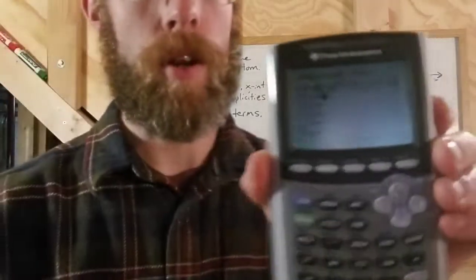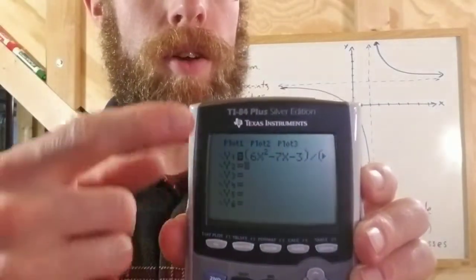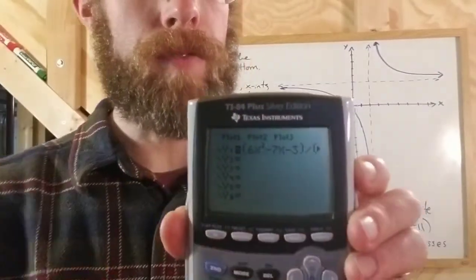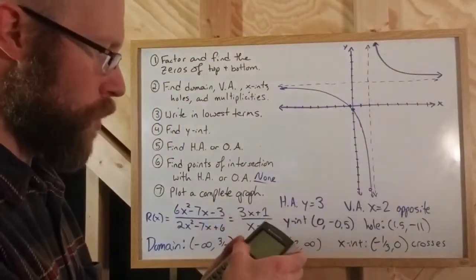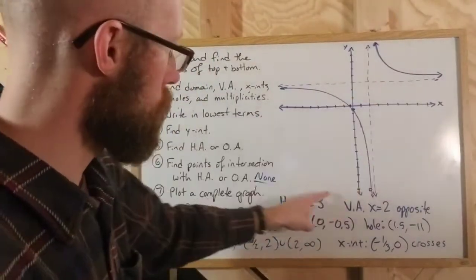Okay, so I've got it started. You can't really see all the details there, but the rest of the denominator runs off the screen, but they're there. Then I'm going to hit window, and I'm going to adjust my window to pretty much look like this graph here.